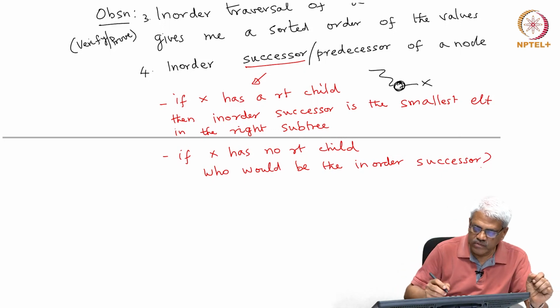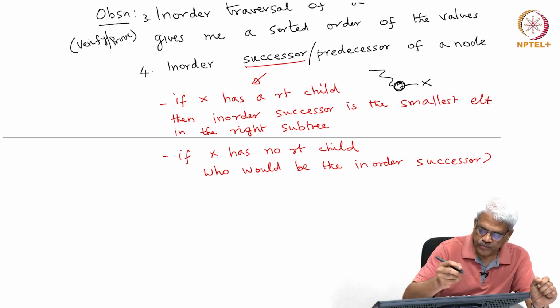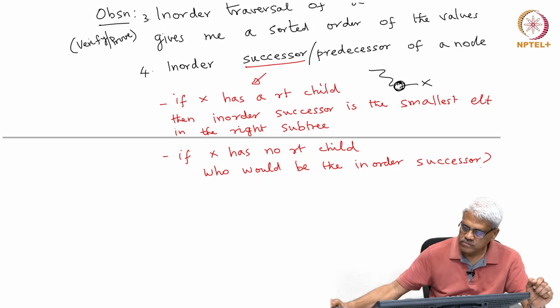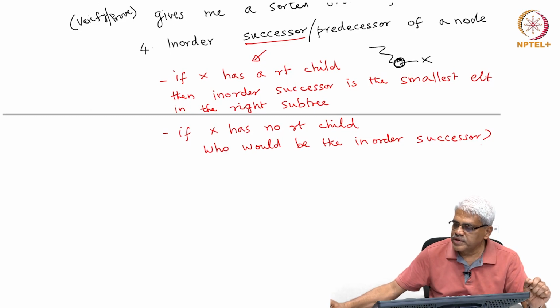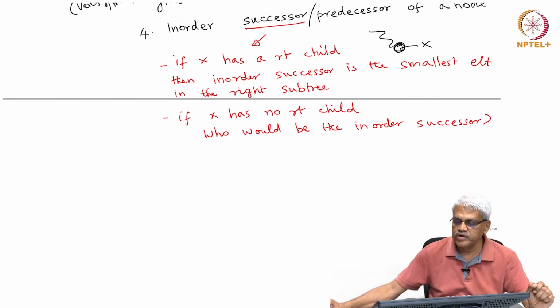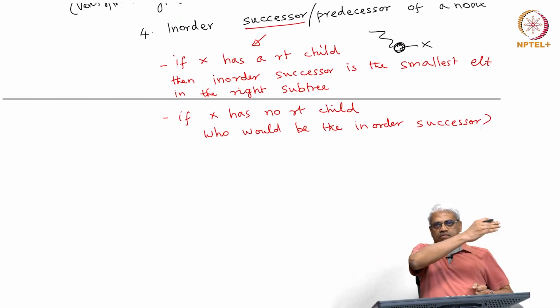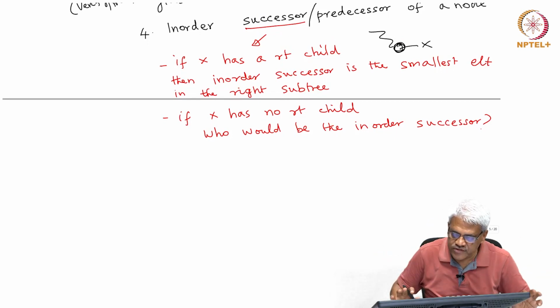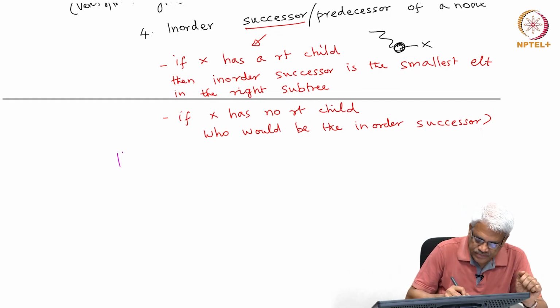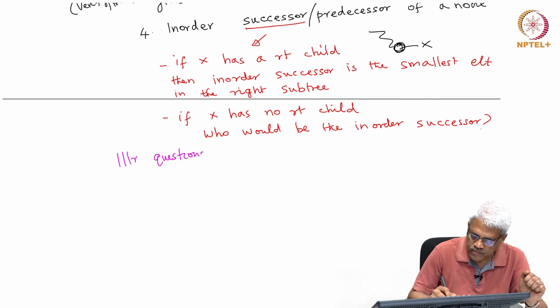In a very similar way, the in-order predecessor is something you will find by, if x has a left child, taking the largest element in the left subtree by traversing the rightmost path, and you will get the in-order predecessor. If x has no left child, what do I do? I'm going to just say similar questions for the in-order predecessor.